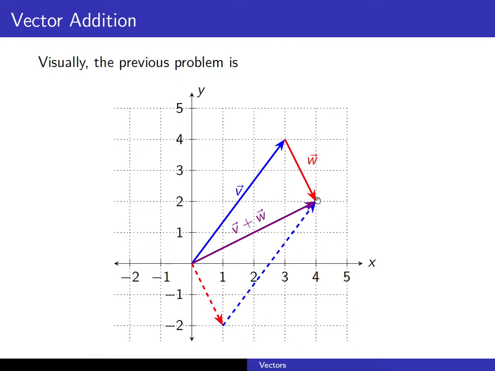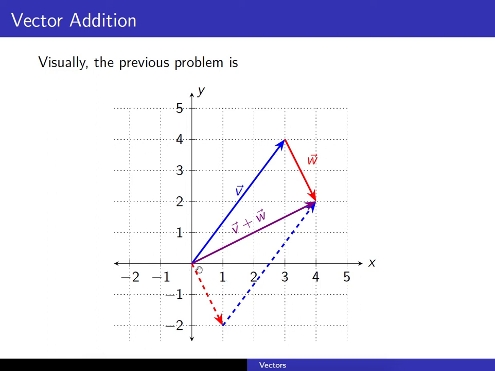Now, vector addition also follows what's known as the parallelogram rule, and in addition to having vector v and then adding vector w to that, it doesn't matter if we reverse the order. So if we look at vector w first, starting at the origin, we go right 1 and down 2, here's where vector w would be, and then add to that vector v.